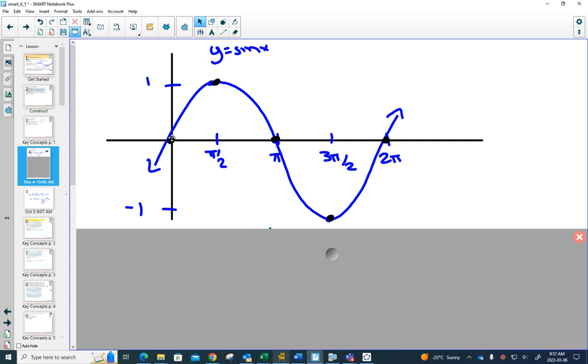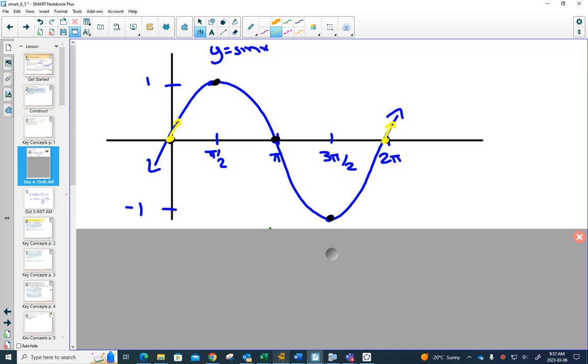We can measure that when you're trying to figure out the period. You can take any point on your graph. So if I take this point going up, I have to say, when is the next time my graph is at that point going up again? Well, here it's at that point but going down. It doesn't get back to going up again until 2 pi. So the distance between 0 and 2 pi is our period.